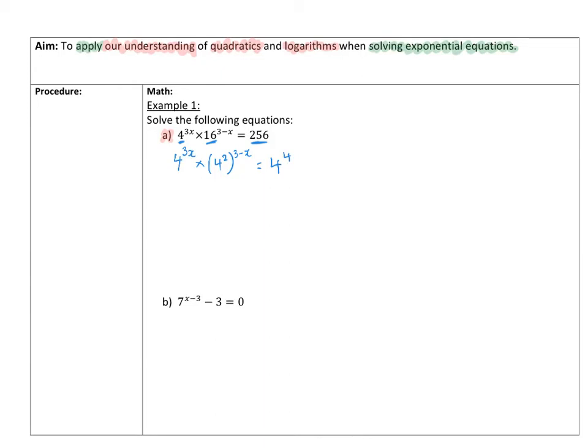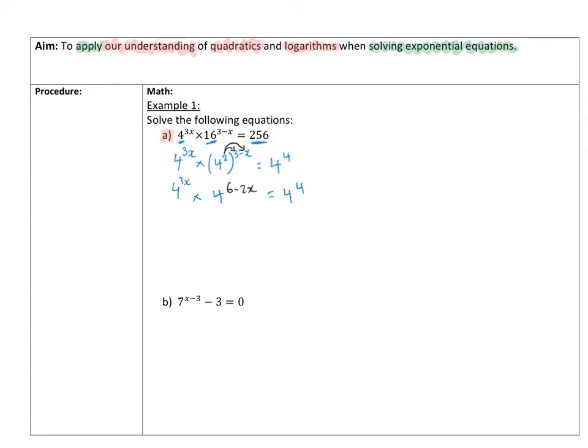We can expand these brackets here. So 2 times 3 is 6, and 2 times negative x is minus 2x. So we've got 6 minus 2x, and that's still 4 to the 3x times 4 to the 6 minus 2x equals 4 to the 4.